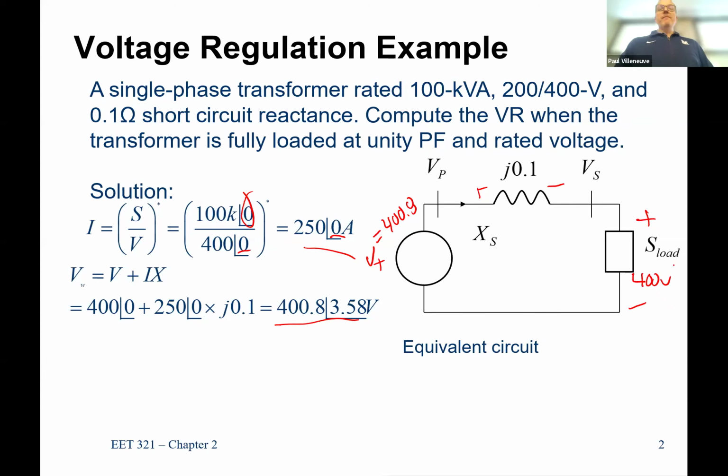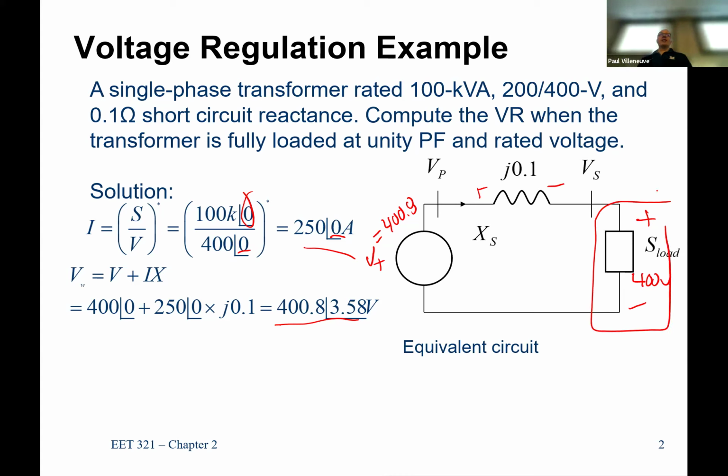400 volts over here. Anybody remember why we want it to be right at 400 volts? We want the load to be at 400 volts and not 400.8, although 0.8 is not that far off. Remember the discussion at the beginning of the semester, who pays the bills? It's the consumer, the customer, this person right here.